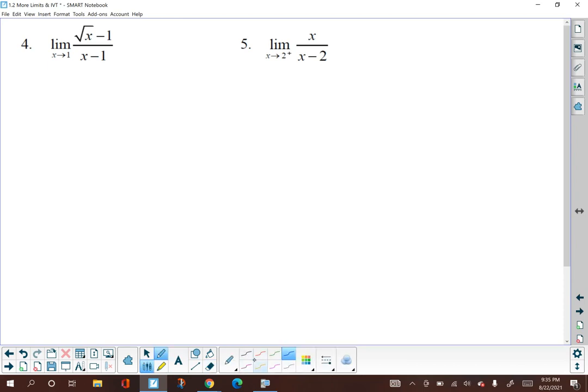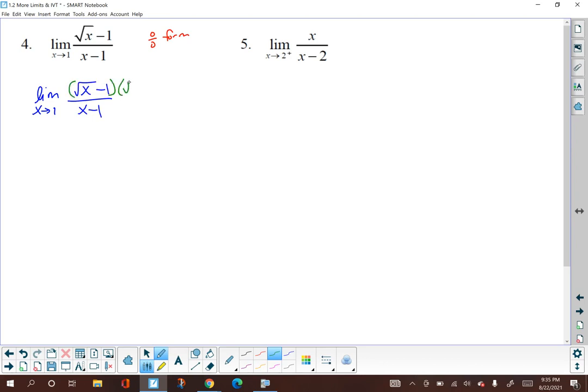Now, direct substitution should always be your first try, but if we do direct substitution here, this is a 0 over 0 form. So we have to try another technique. So what we're going to do to rationalize it is we're going to multiply the top and the bottom of this fraction by the conjugate of the top.